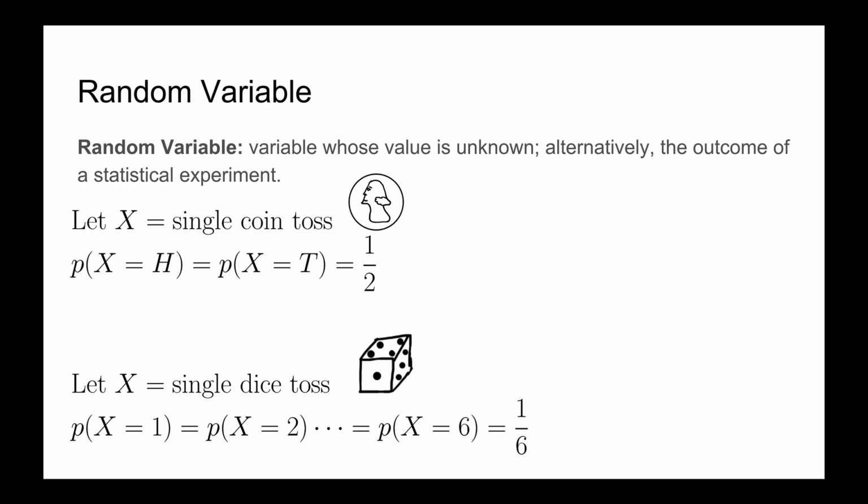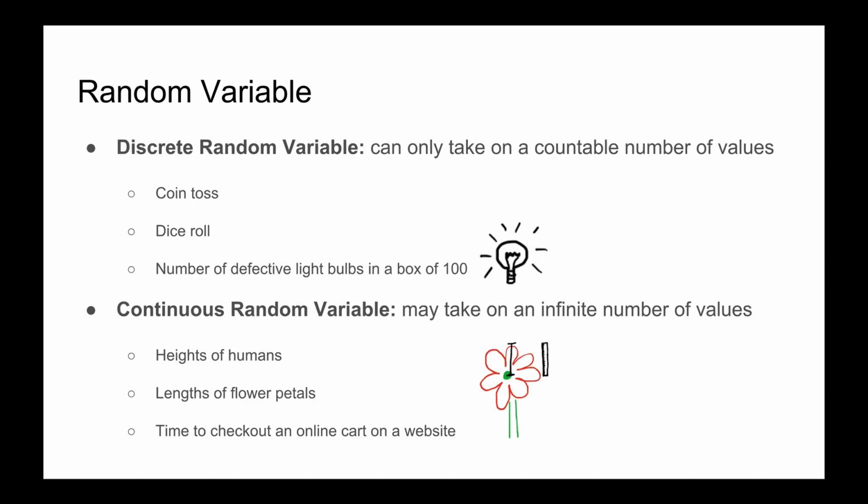Speaking of random variables, we can broadly separate them into two different categories. We have discrete random variables and continuous random variables. So discrete random variables, as the name implies, can only take on a countable number of values. So picture things like doing a coin toss or a dice roll. They're a very discrete number of values. Even this interesting example, it's used a lot in statistics textbooks.